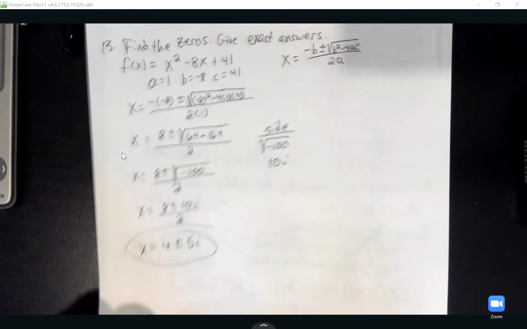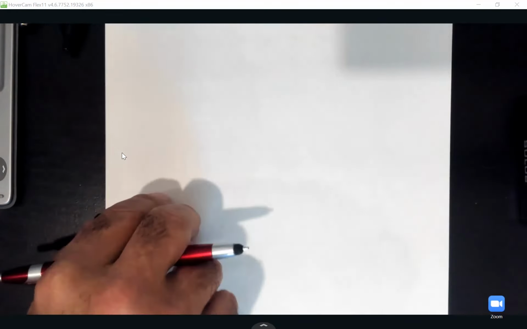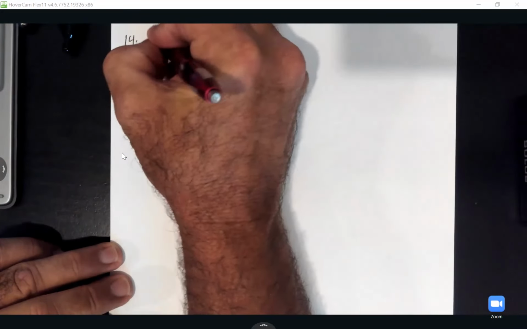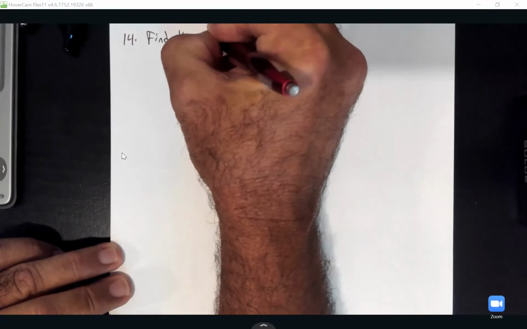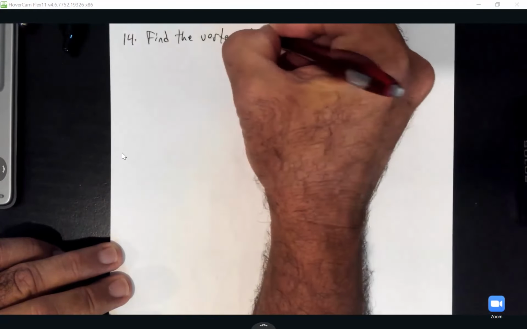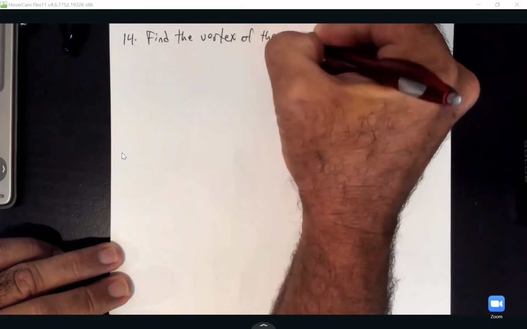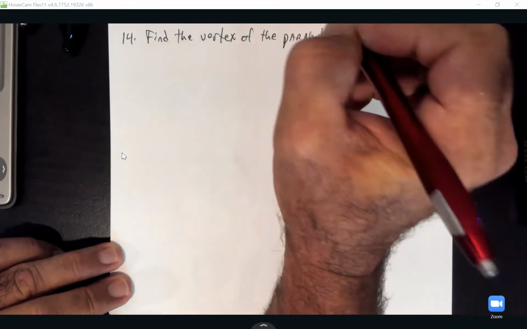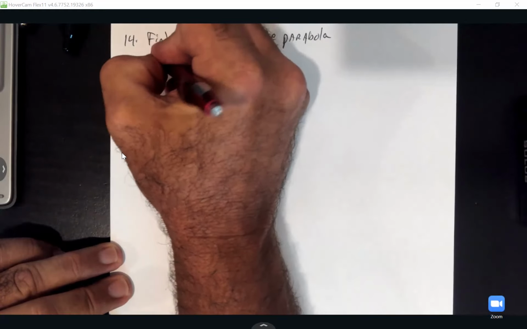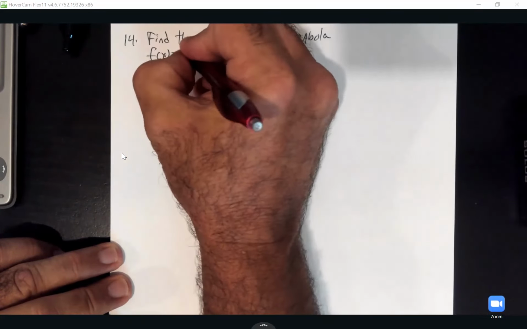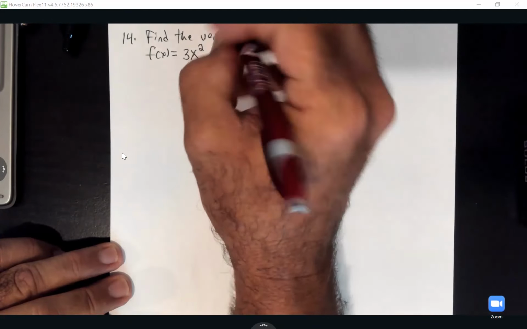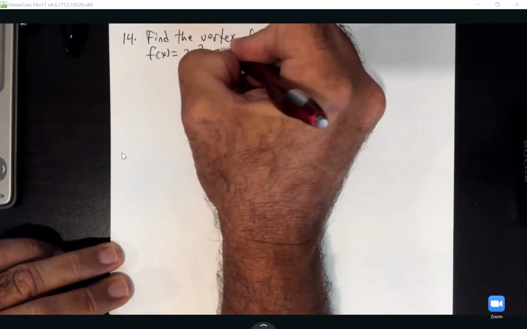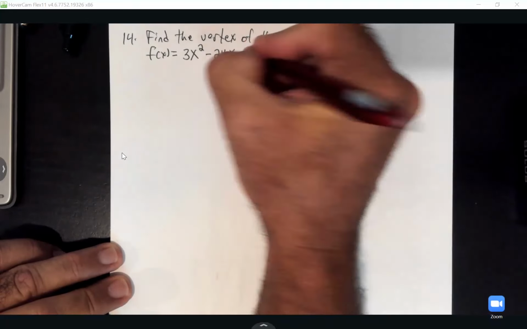All righty, y'all. So moving on to number 14. So 14 says, find the vertex of the parabola. My equation is f of x equals 3x squared minus 24x plus 50.